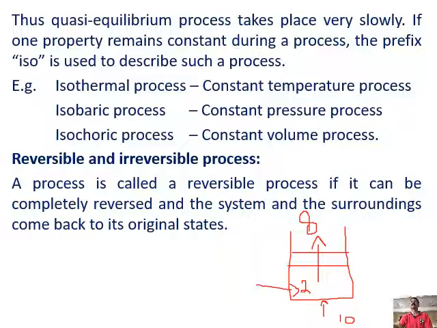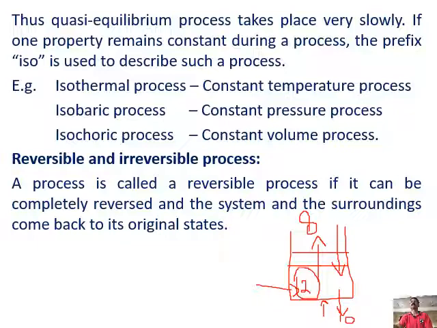This is what I told you earlier also. The change in internal energy of the system can be found out. So you supply 10 kilojoules and the work done is 8 kilojoules. So the remaining 2 kilojoules remains with the system itself, helping to increase its internal energy. Now if I reverse this process by doing 8 kilojoules of work on the system, and 10 kilojoules of heat is removed from the system, then the system will come back to its initial state.